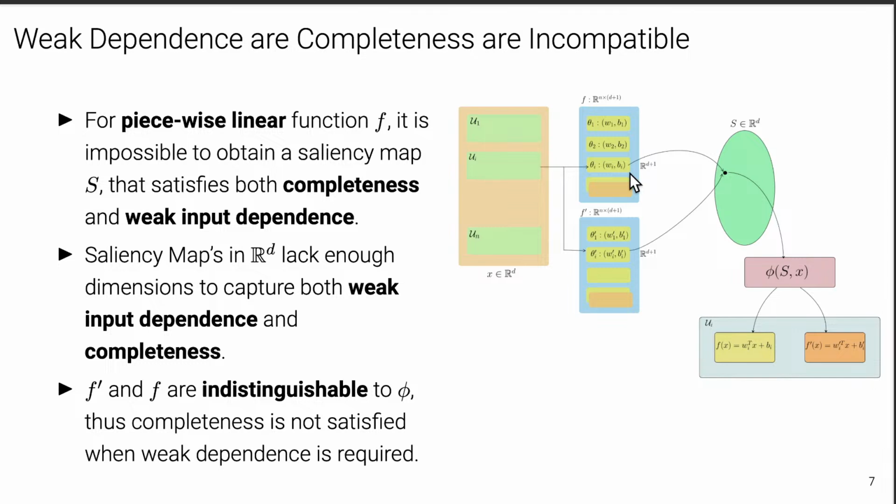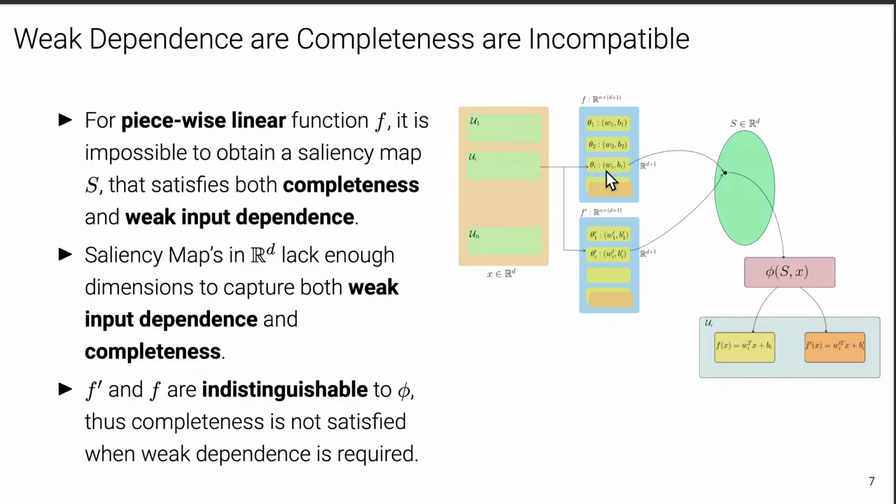Similarly, if you want to distinguish between f and f prime, which are two networks that behave the same in every way except in this region, where they behave differently, then for our completeness axiom we would have to tell them apart.